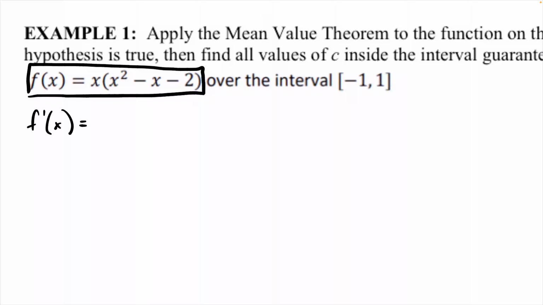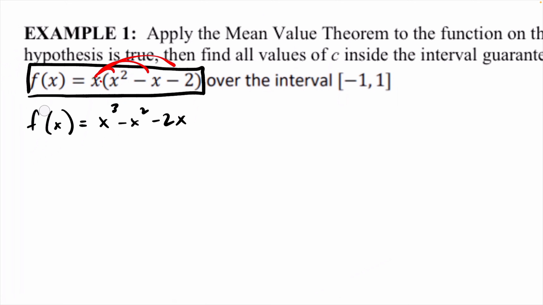Oh, darn. Okay? Well, because it's multiplication, I could easily use the product rule, but instead of using that, let me just distribute. So I get x cubed minus x squared minus 2x. Oops, that's not the derivative, that's the original.